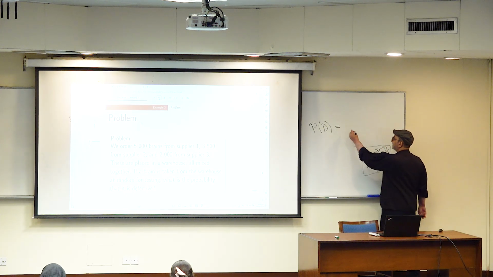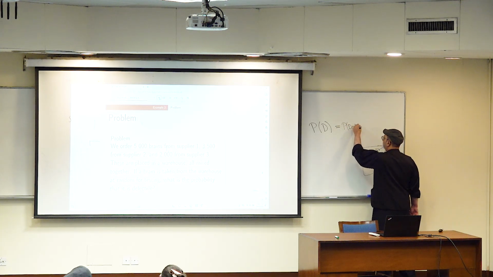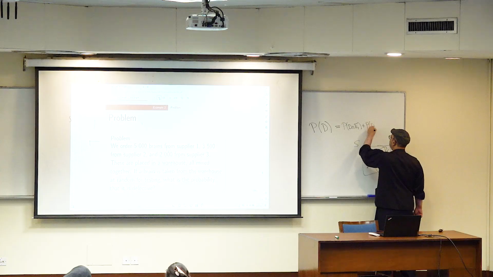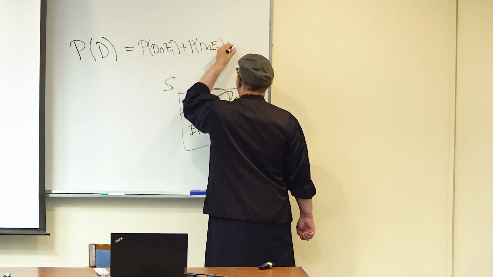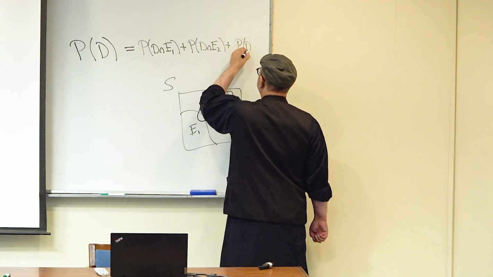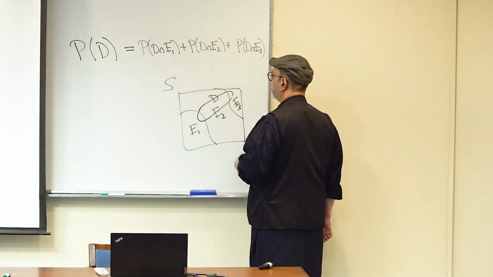So this is the probability of D intersection E1 plus the probability of D intersection E2 plus the probability of D intersection E3.